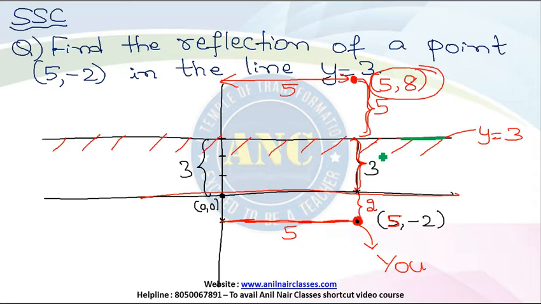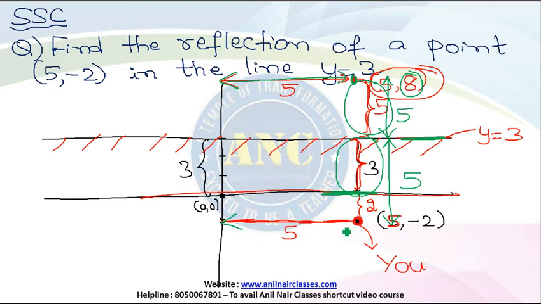From y = 3, here you have travelled 5 units downwards. The same 5 units upwards should be travelled. Then only it is the concept of reflection. Now for this point, the y coordinate from the coordinate axis is 3 units here, 5 units here. That is what I wrote, 8. The x coordinate is 5. The same 5 only, the x coordinate will remain. Answer is (5, 8). Always the coordinates should be x coordinate, y coordinate.